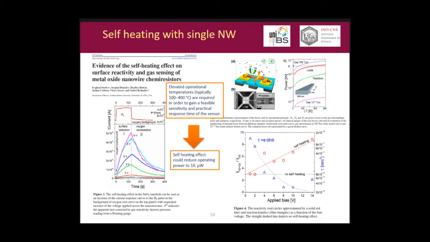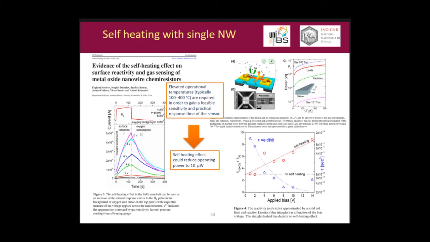You can take advantage of this, which is potentially a problem, since if you give too much bias to your material, you are going to destroy the single nanowires, which is a problem that we often encounter.